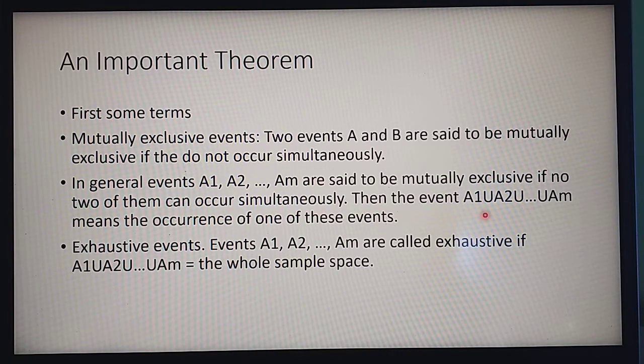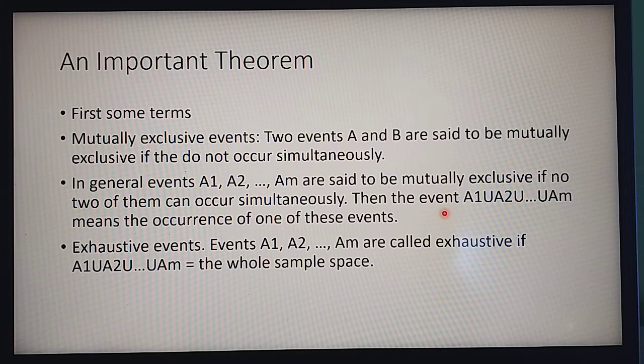Then the event A1 union A2 union ... union AM means the occurrence of at least one of these events. The meaning of A1 union A2 and A1 intersection A2 is that, in the first case, A1 union A2 is the event that at least one of the events A1 or A2 will occur.